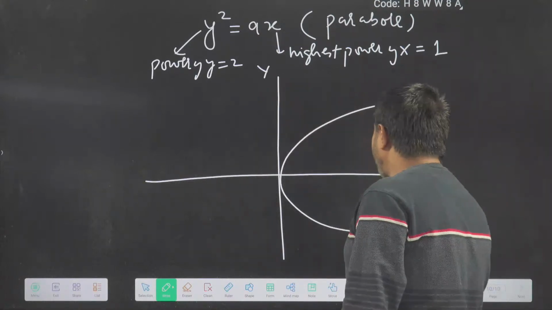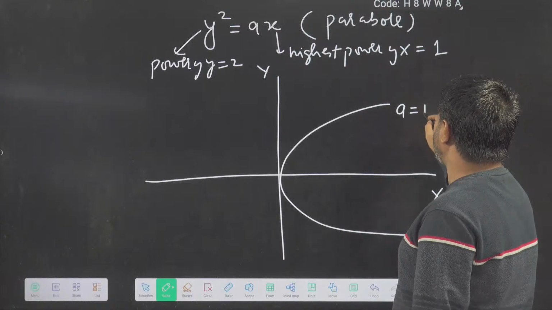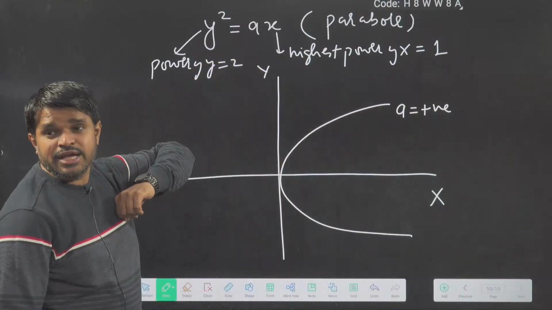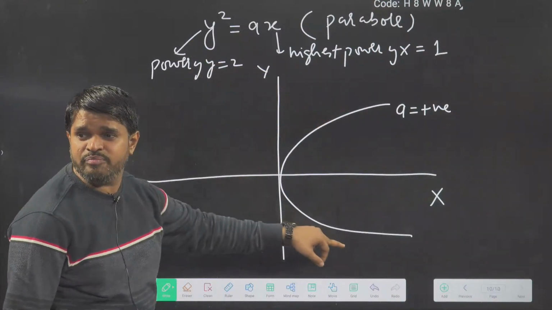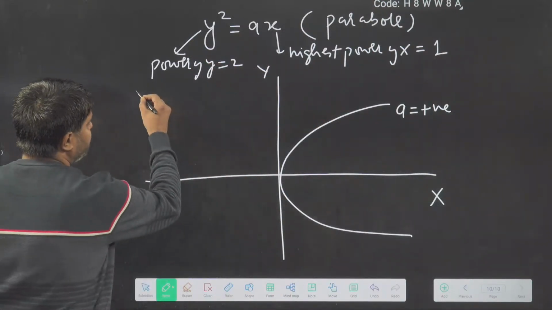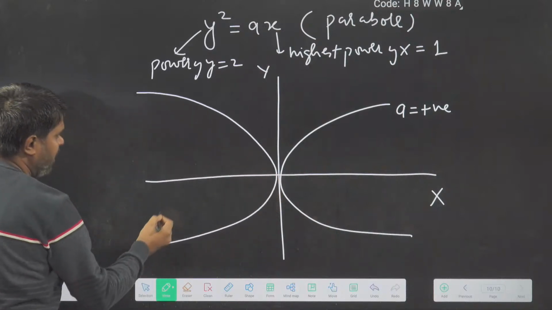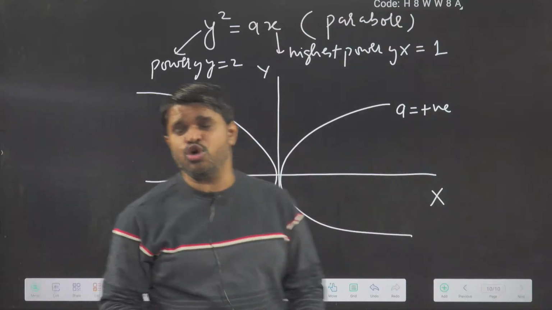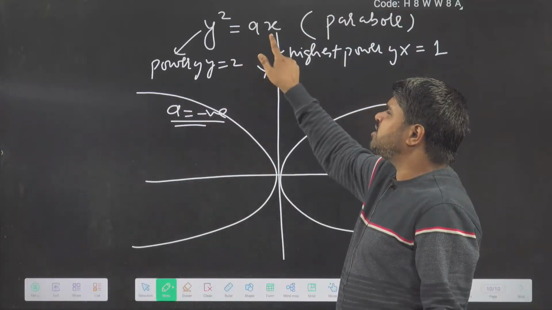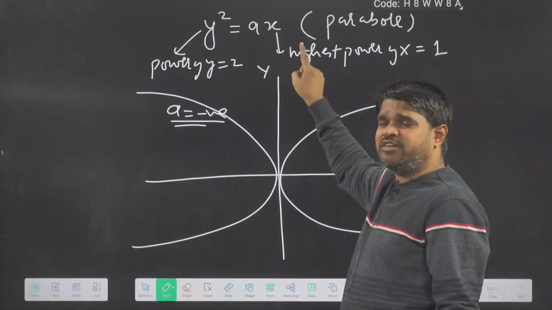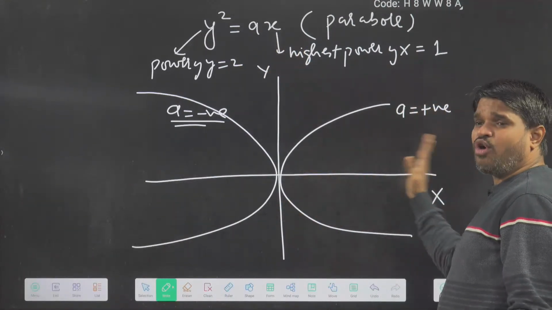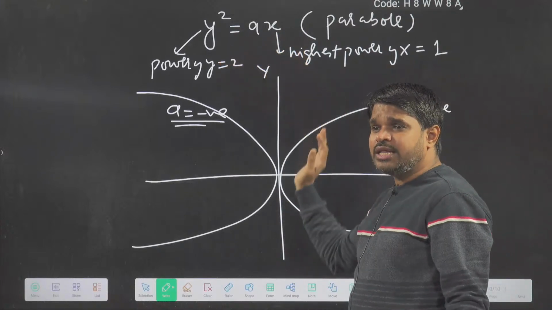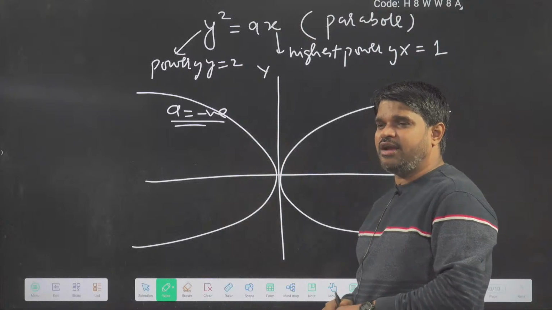This is the parabola when a is positive. If a is positive, you have this kind of parabola, and if a is negative, then you have this kind of parabola. So if y square equals something positive into x, the parabola will open in the right direction. And if y square equals something negative into x, then the parabola will open in the left direction.